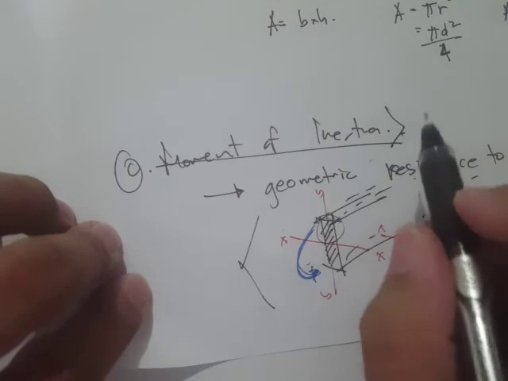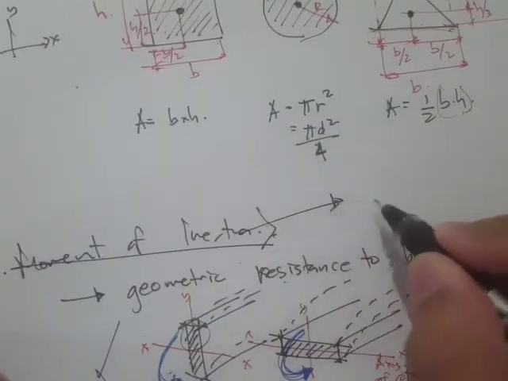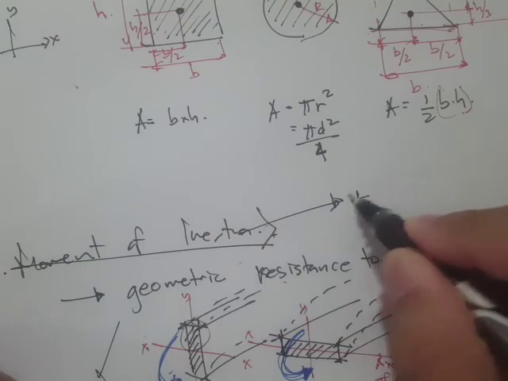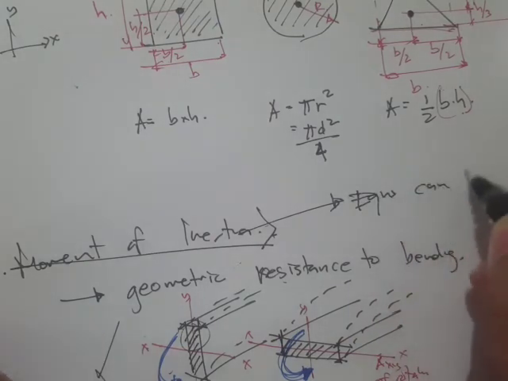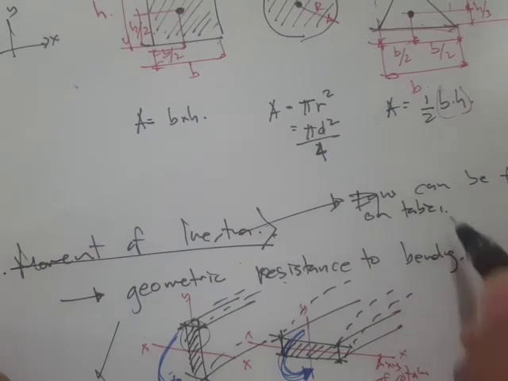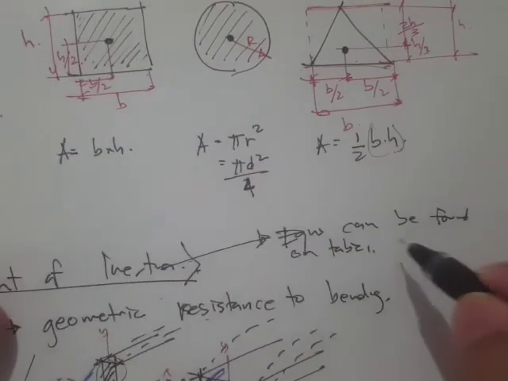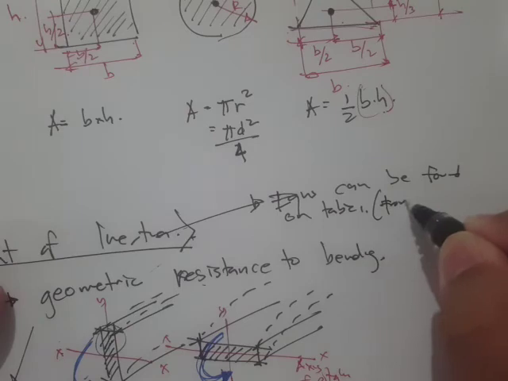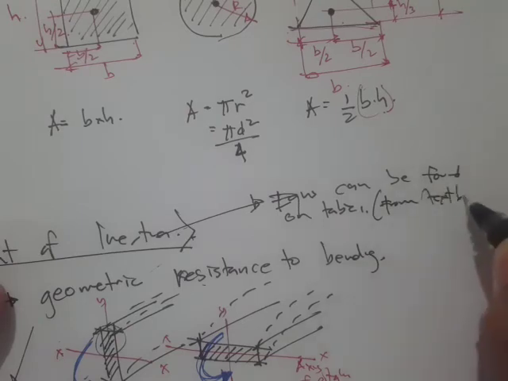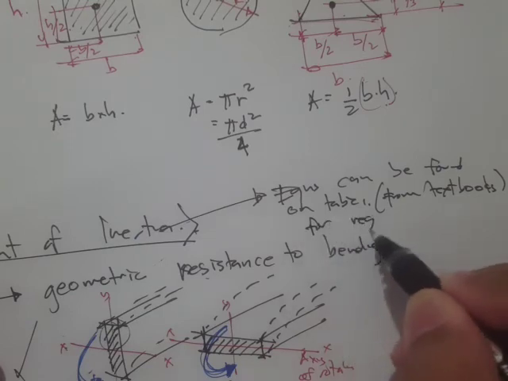The equations for the moment of inertia can be found on tables, for example from textbooks, where there are a lot of equations for regular shapes.